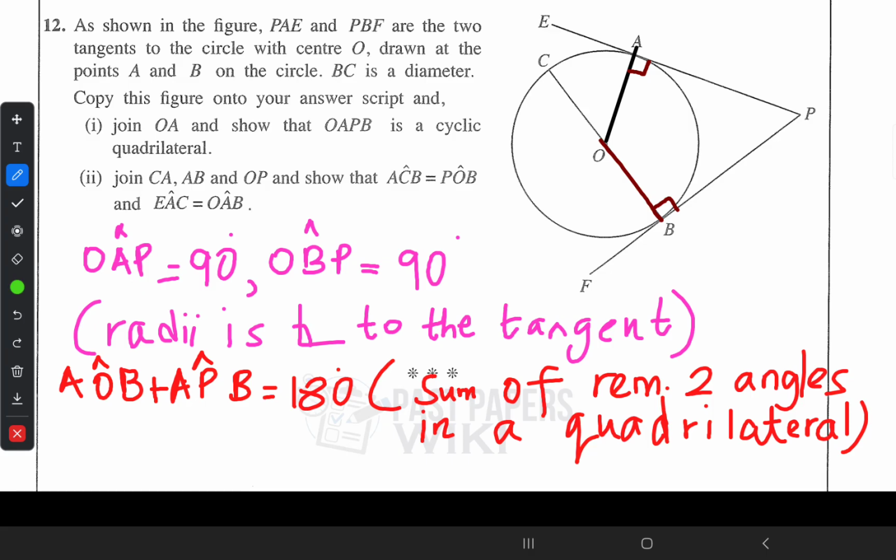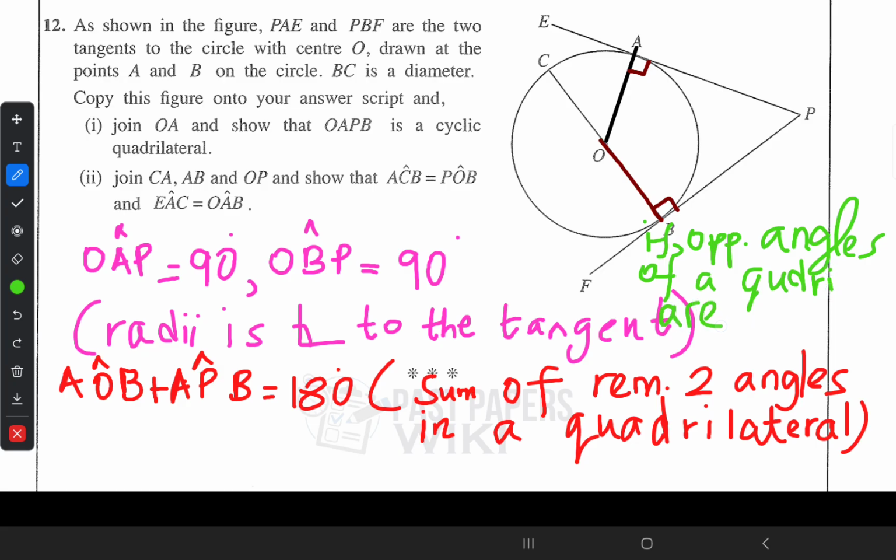Okay, I'll write the reason here. If opposite angles of a quadrilateral are supplementary angles. We know what is meant by supplementary angles.